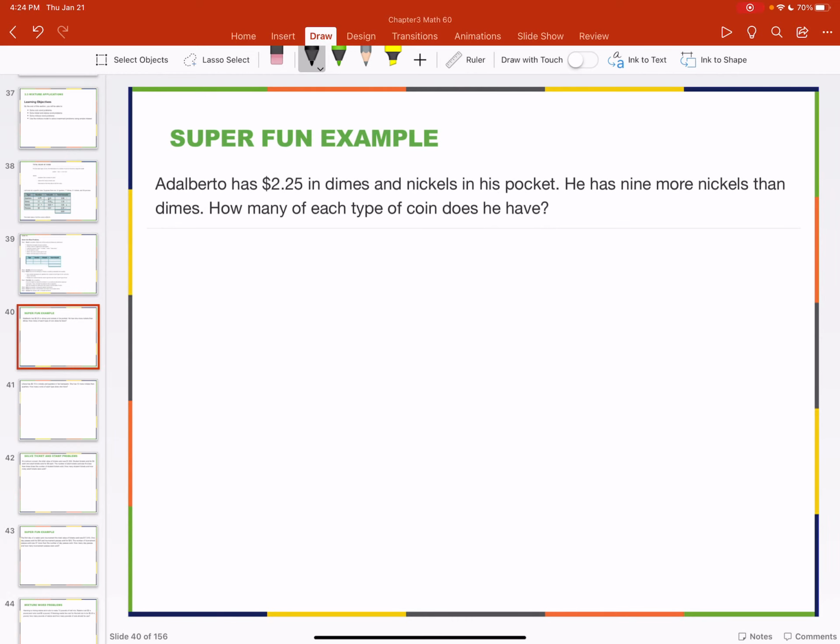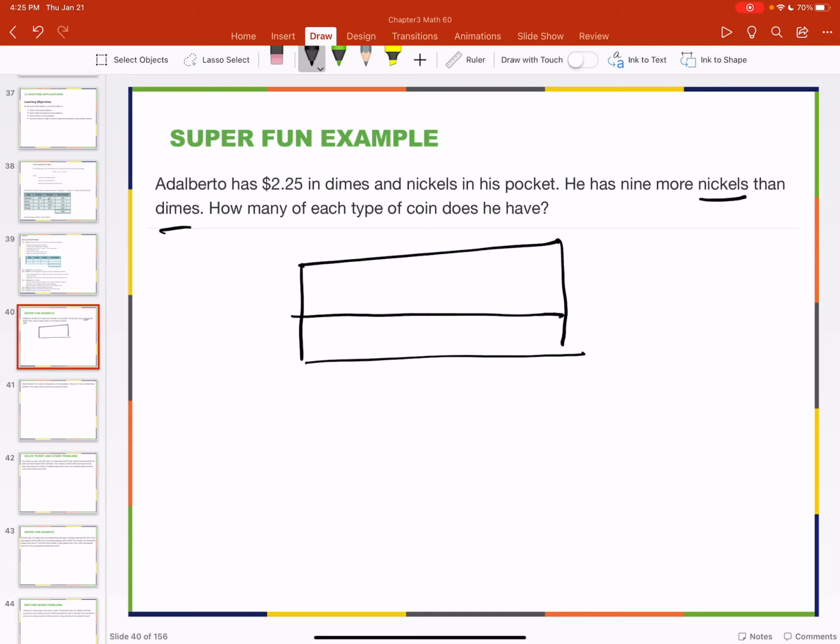Let's say Adalberto has $2.25 in nickels and dimes in his pocket. He has 9 more nickels than dimes. How many of each coin does he have? They're talking about nickels and dimes, so we set up a table. Sometimes I'm not the best at drawing, but that's all right.